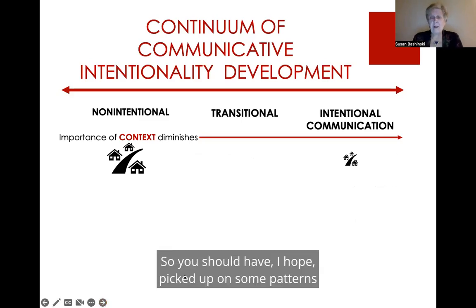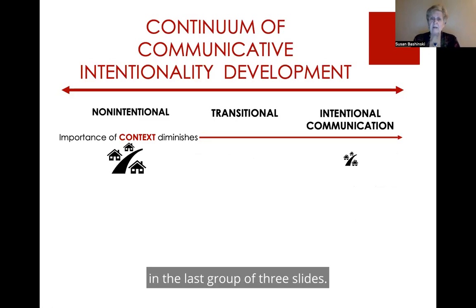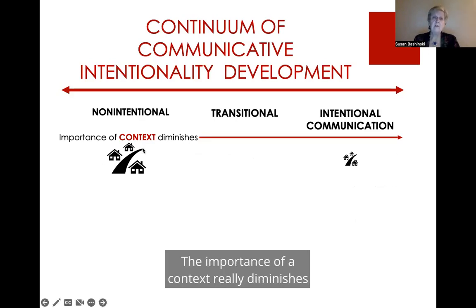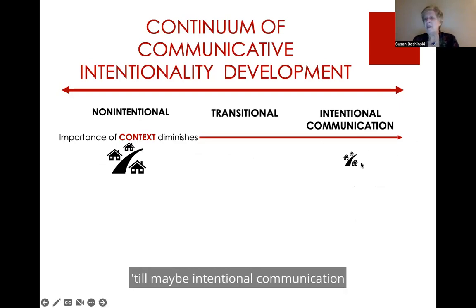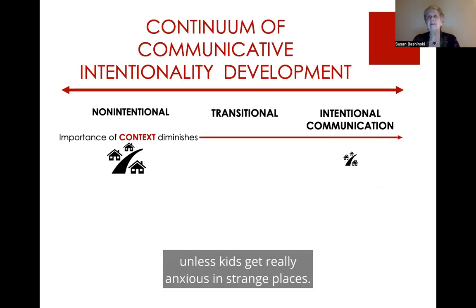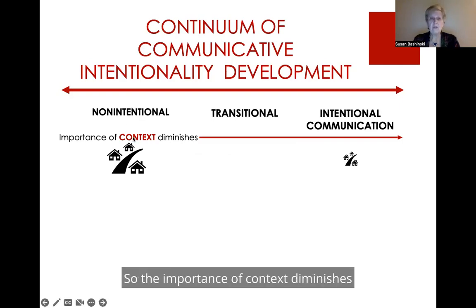So you should have, I hope, picked up on some patterns in the last group of 3 slides. The importance of the context really diminishes, till maybe intentional communication doesn't rely on context hardly at all, unless kids get really anxious in strange places. So the importance of context diminishes as kids move from non-intentional to transitional to fully intentional.